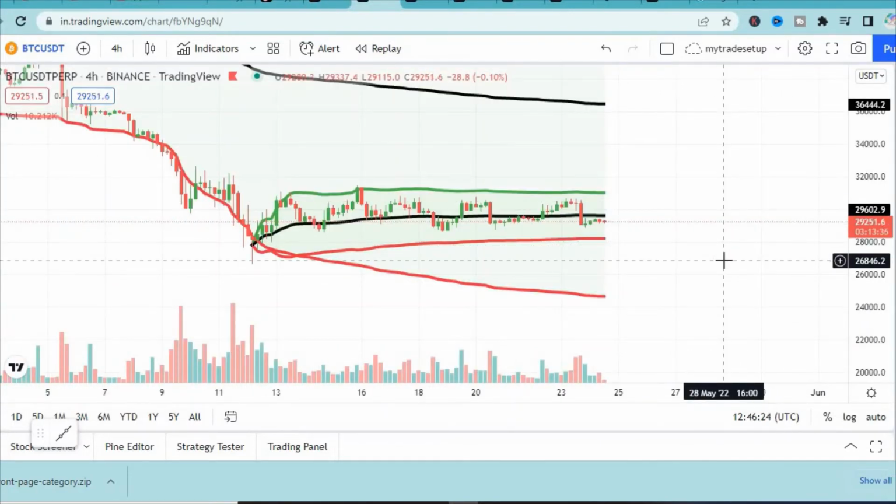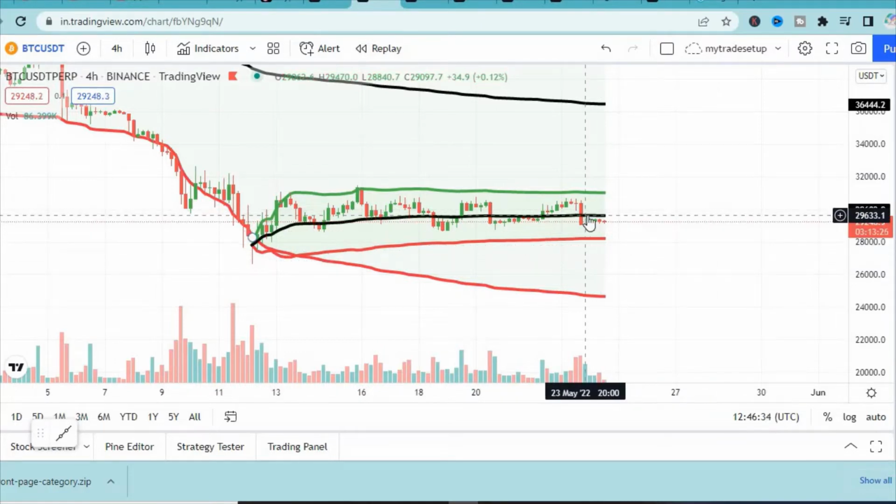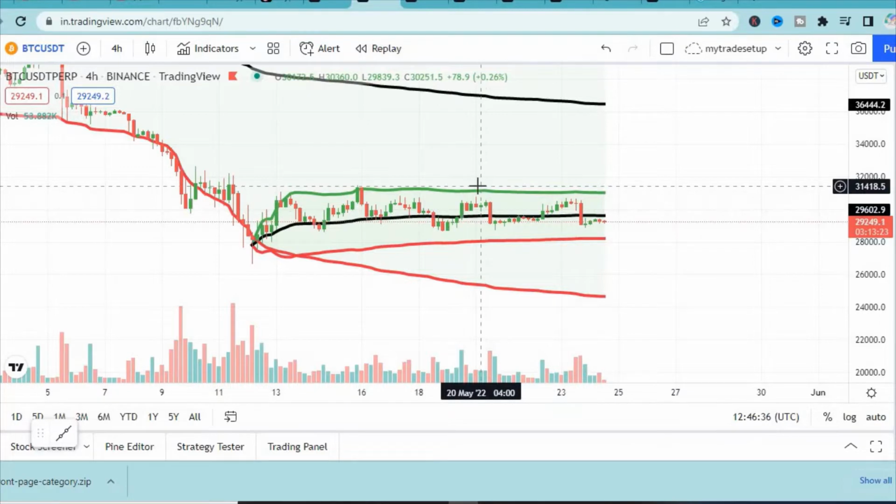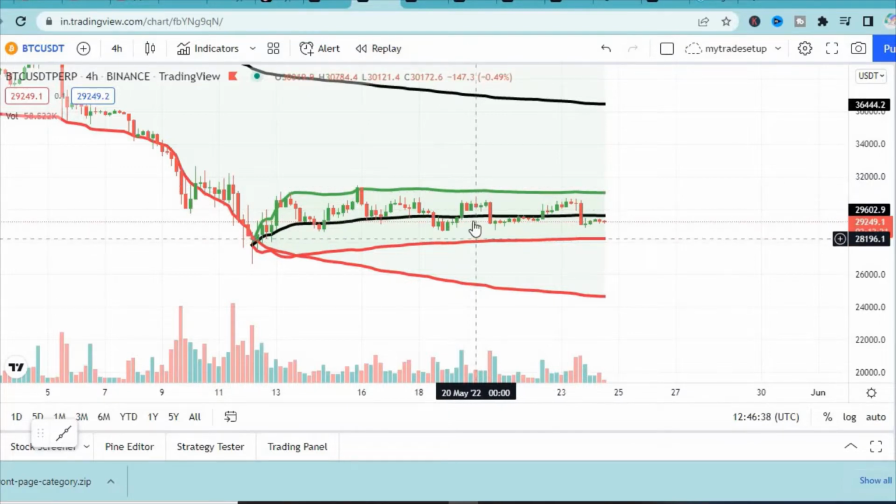If we review the anchored VWAP, we have been clearly calling out for the last few sessions that the two standard deviation of this particular anchored VWAP is going to be crucial.